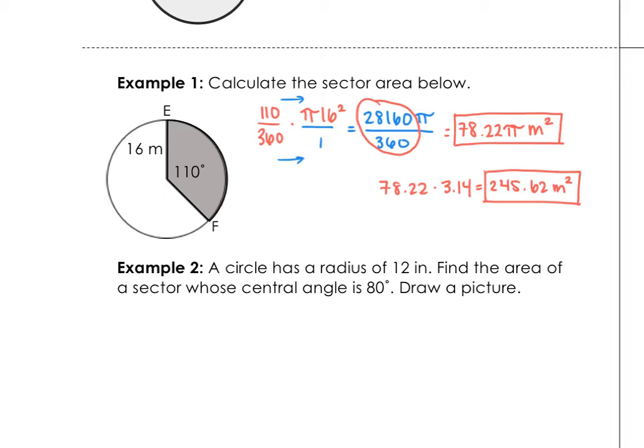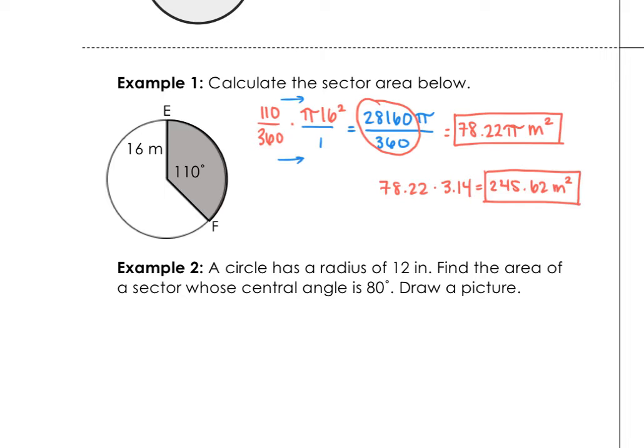Really the only way that this problem differs from the previous one is the second part of the formula is just pi r squared, since we're trying to find area. In arc length, it's 2 pi r, since we're trying to find a fraction of the circumference.